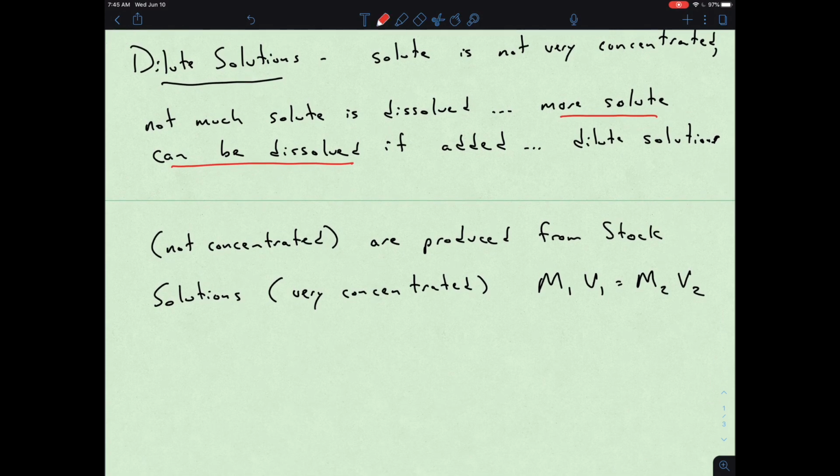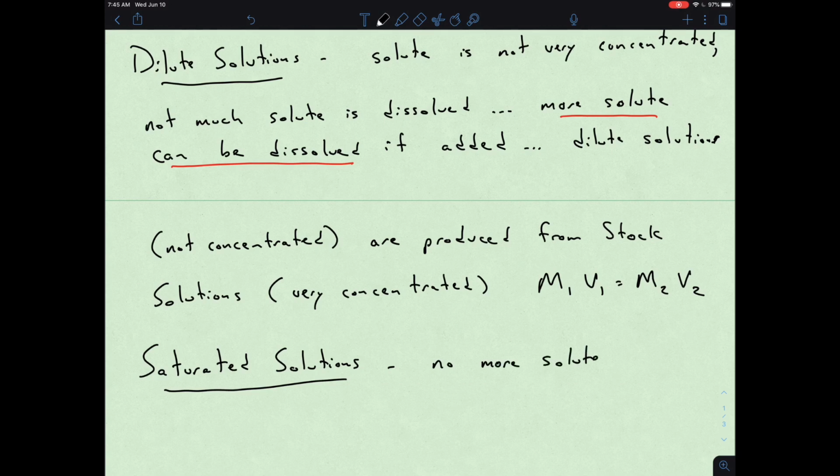We also have saturated solutions. And this is where no more solute can dissolve into solution.